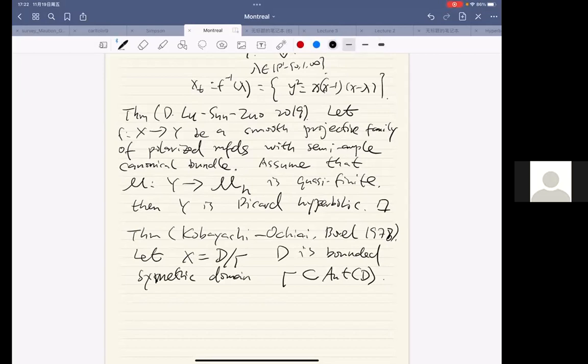By the theorem of Baily-Borel, we know that X is a quasi-projective manifold, so it is also an open set of a projective manifold. We can then ask whether it is Picard hyperbolic or not, and they prove that X is Picard hyperbolic.